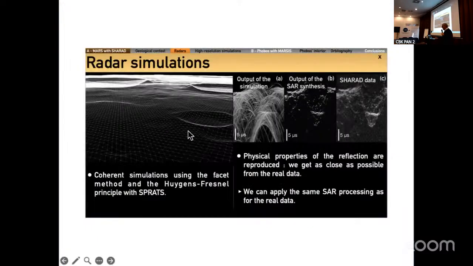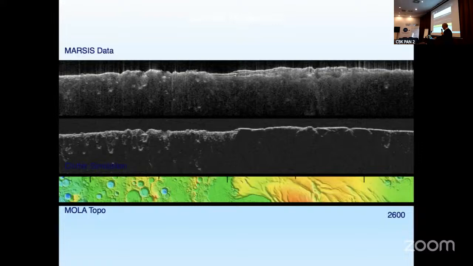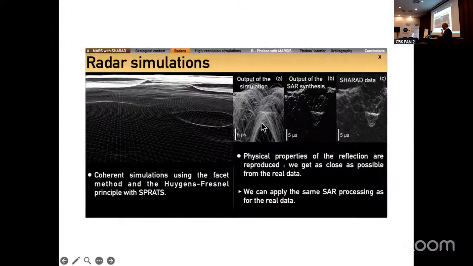And these are to show you the simulations. Previously it was the measurements. So here we have the measurements. And on this slide, there are the simulations. This is the output of our simulation. You see perfectly well the existing parabolas, etc. And we made the SAR synthesis on the simulations.